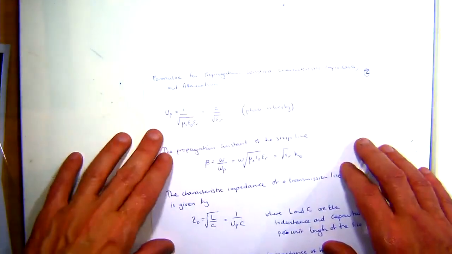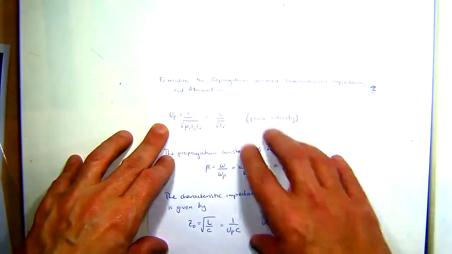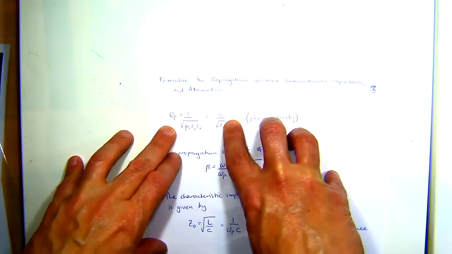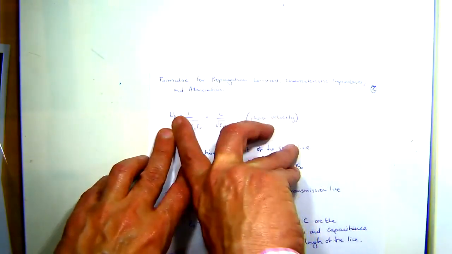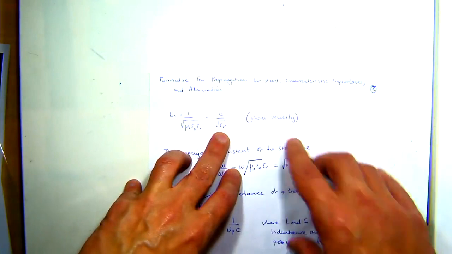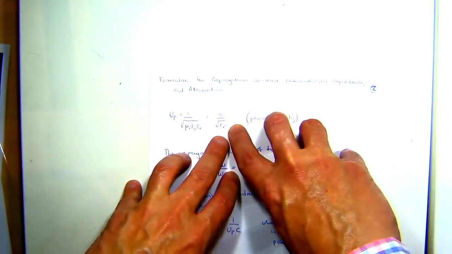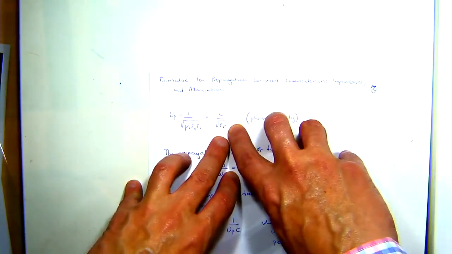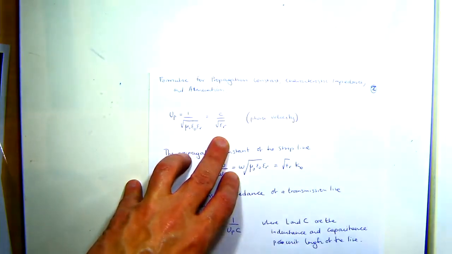It shouldn't come as any surprise to anyone, because it's symmetrical, that the phase velocity in this particular medium is just the speed of light divided by the square root of the dielectric constant. Right? And we've always talked about this, where we've said the speed of light is 1 on the square root of mu naught epsilon naught.